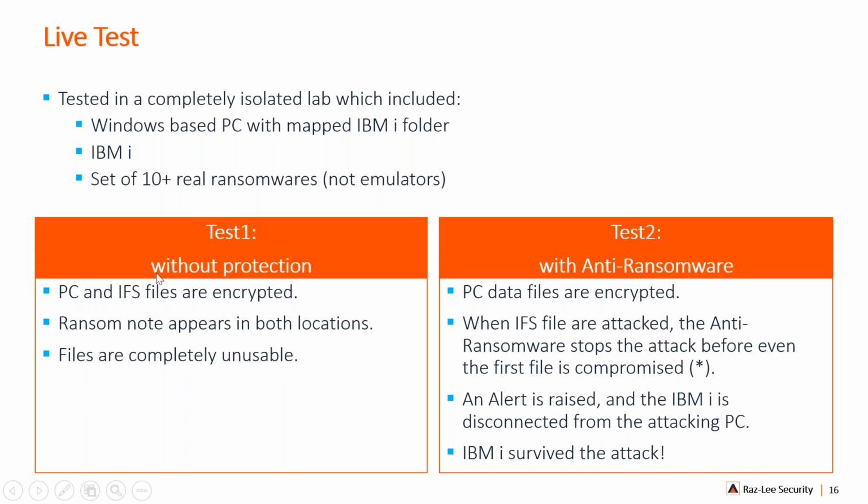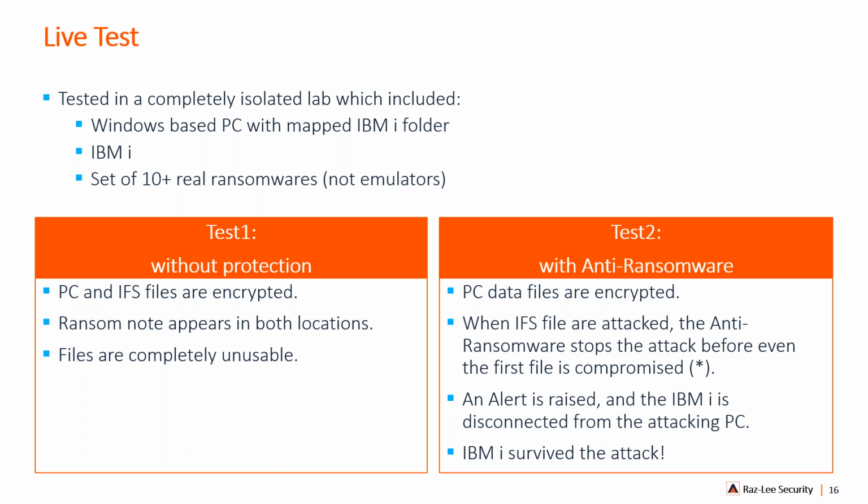If we do not protect with our anti-ransomware, then the PC and the IFS files are encrypted, and a ransom note appears on both locations. Usually it will be displayed, of course, on the PC and not on the IBM i. And the result is that the files are completely unusable.